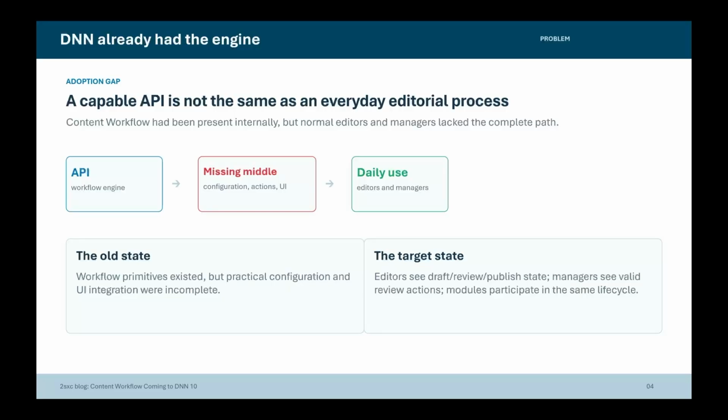All the APIs were actually within DNN, but you couldn't use it through the DNN UI since all that part was missing. So for the everyday DNN user, there was no value in that, and our goal was to add those missing parts so that everyone could use page workflow from DNN 10 onwards.